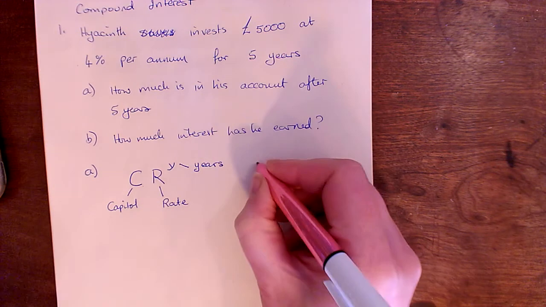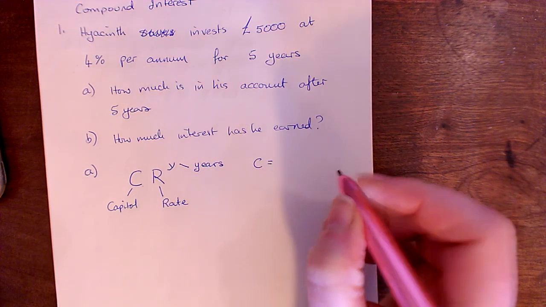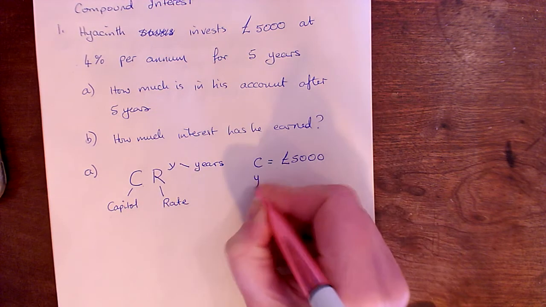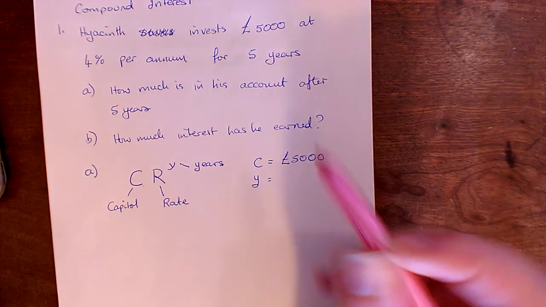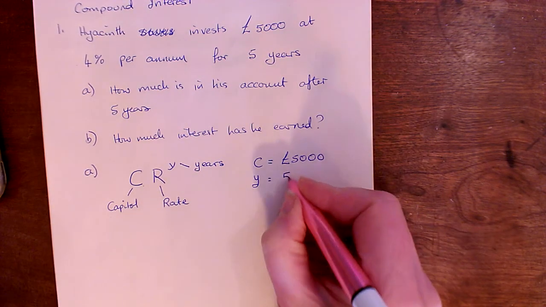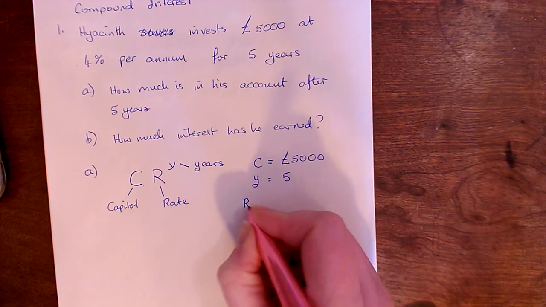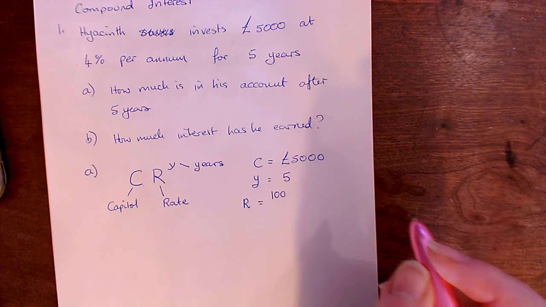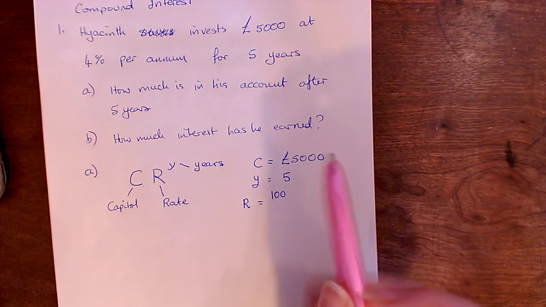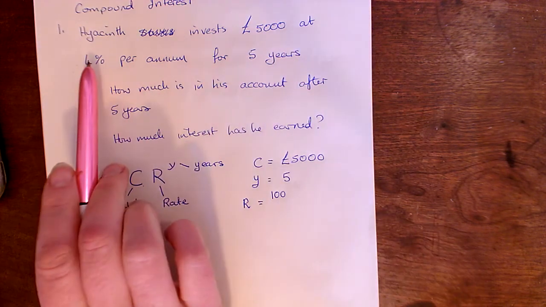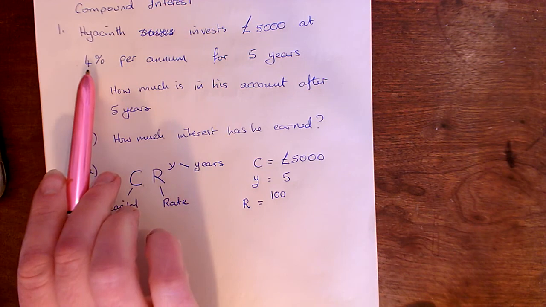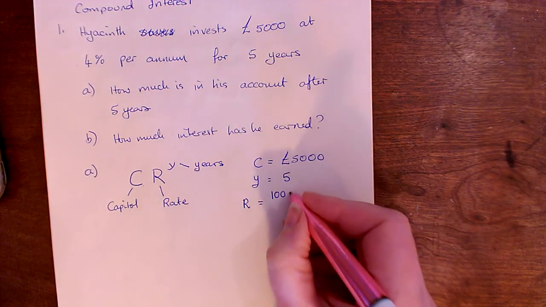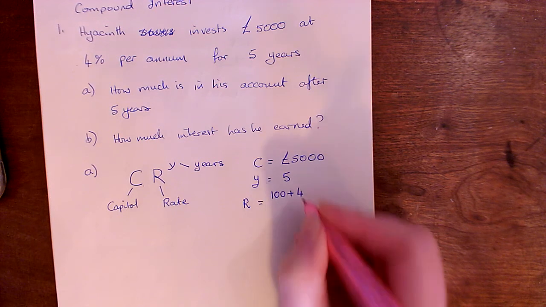So here we've got your capital equals £5,000. That's the amount you started with. Your Y, the number of years, is 5 years. Your rate: you start at 100% and then you look at what's happening. This is interest that's being added on, so you're adding on 4%.